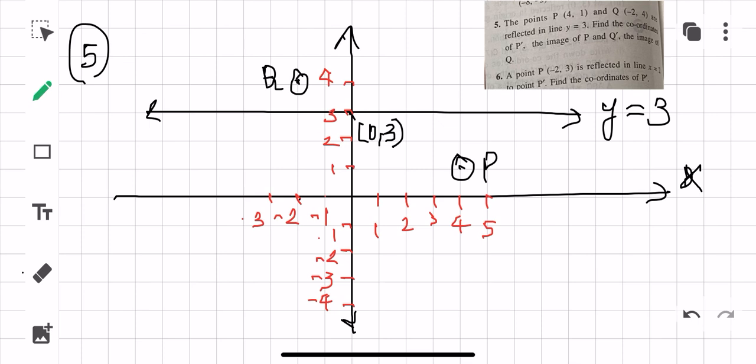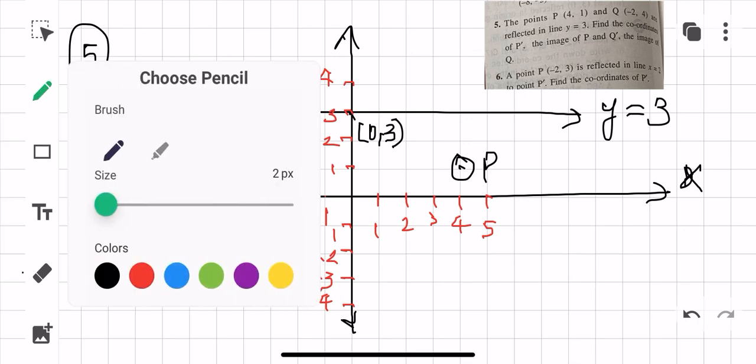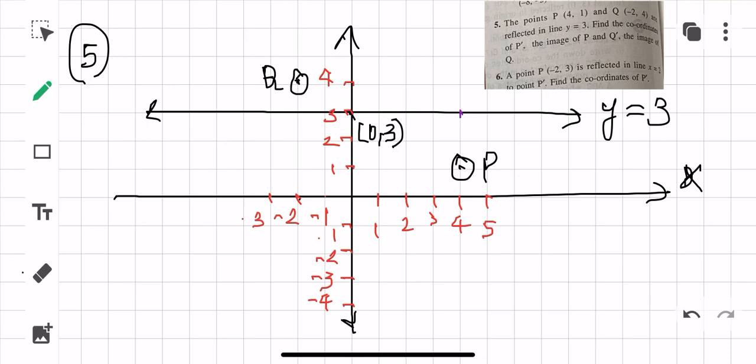So what is going to happen, children? My x coordinate is going to be the same. So you can see here, this is 1, 2, so here it will go 2 points above. So this is going to be my P dash.